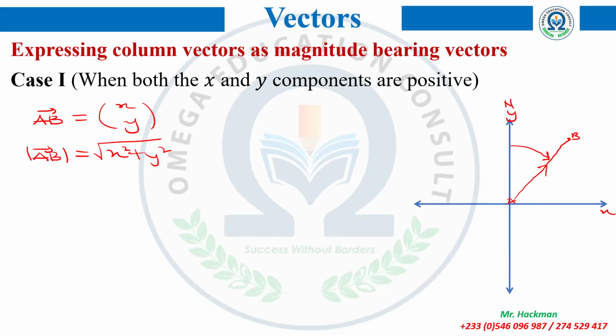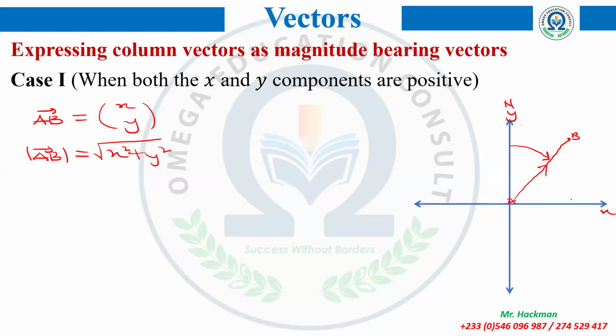Hello, are you with me? Please come again. The bearing angle is measured from the true north. Bearing angles are formed between two lines. One of the lines will be your vector, and the other line will be your true north. This is your true north line, this is your south line, your west, and your east.